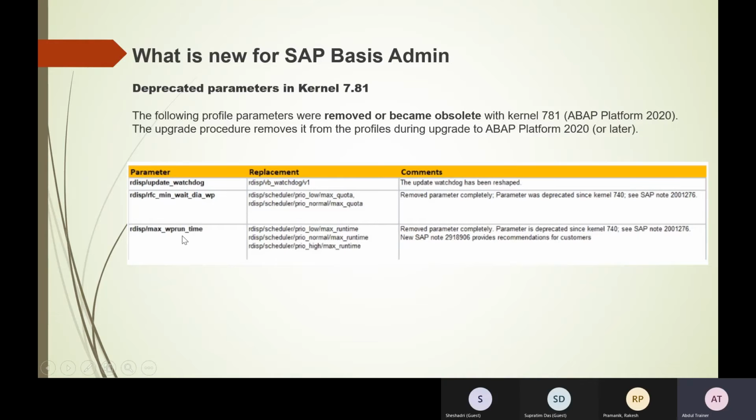This is the WP runtime, which we basically use to increase the work process runtime in dialog. This is removed, this is also removed, and these are replaced with this one. So this is the replacement of parameters in S4HANA systems.